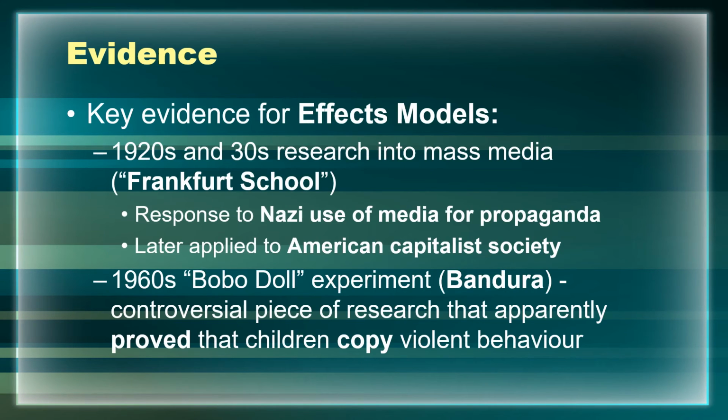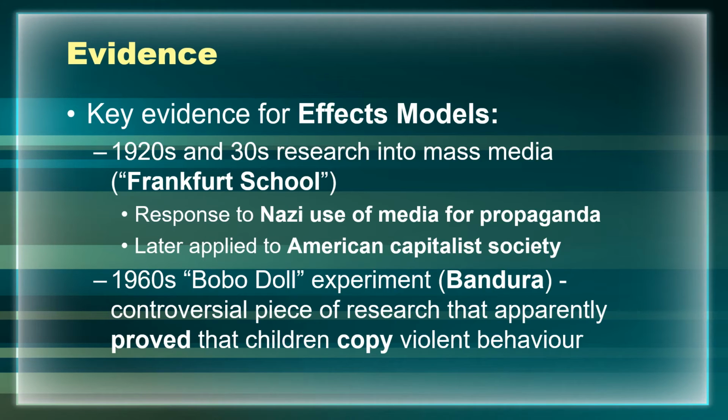So the key evidence comes from research that was done in the early part of the 20th century, which is when the mass media really started gaining traction. So in the 1920s, 1930s, there was a lot of research in Germany, particularly when the Nazis came to power, and some academics wanted to understand why the Nazis had managed to achieve so much dominance over society when the messages that they were sending were so antisocial, particularly towards the Jewish population.